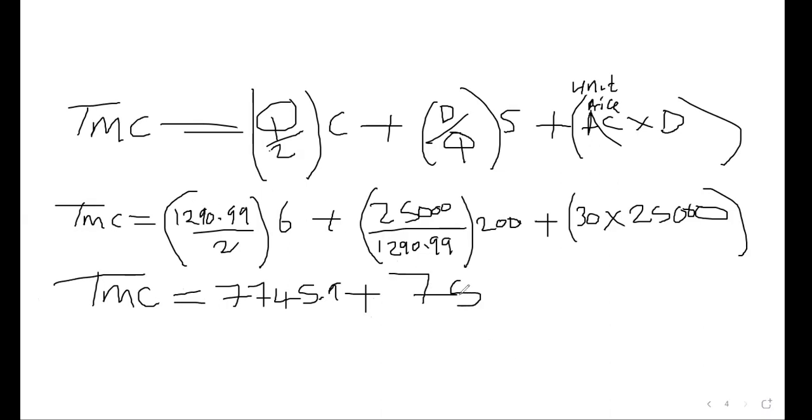So you can just see that the important thing to understand here is how to find the economic order quantity. If that is wrong, then you get almost everything wrong.